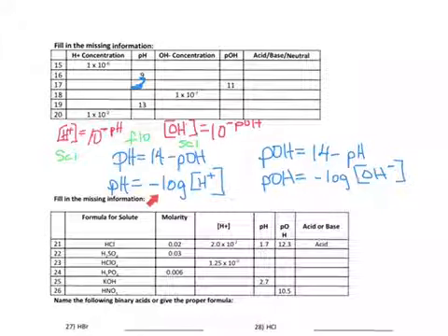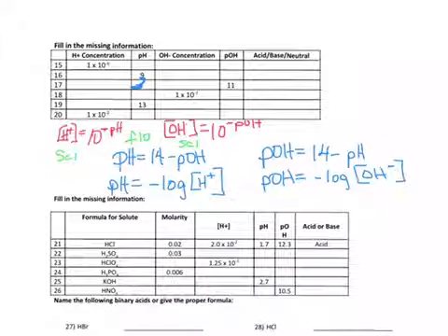The negative log times the concentration, and that would tell me my pH. Then what would I do from there? You would do 14 minus your pH and then find your pOH. Exactly. I would do 14 minus pH so that I can calculate the pOH. Make sure on your test you understand what it's asking you to calculate, because there may be more than one step that you need to do.